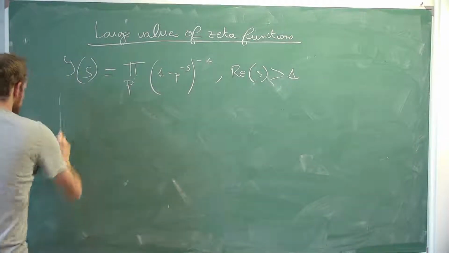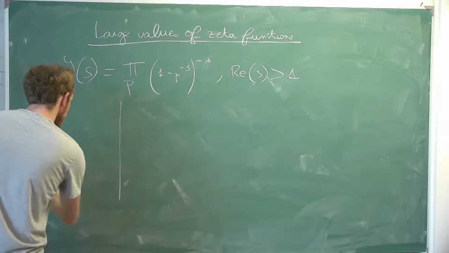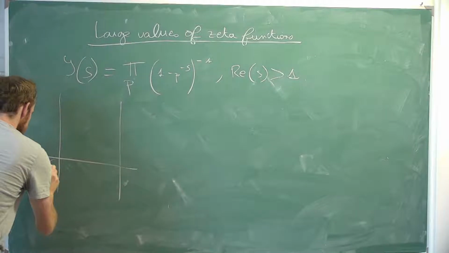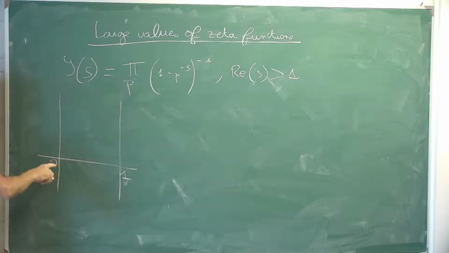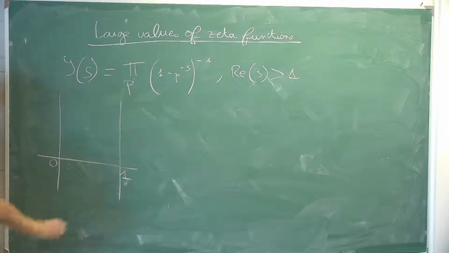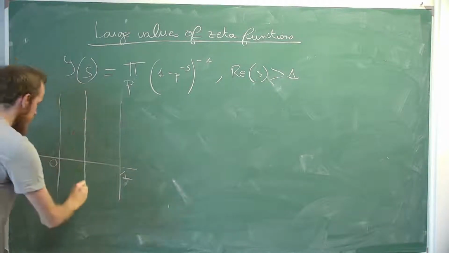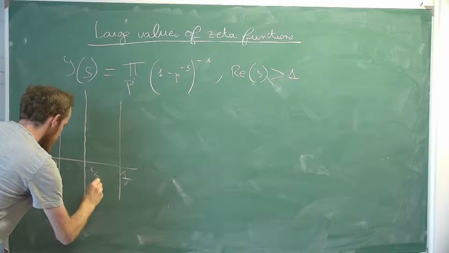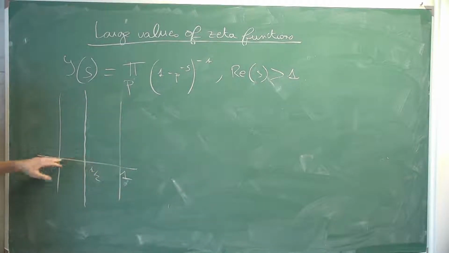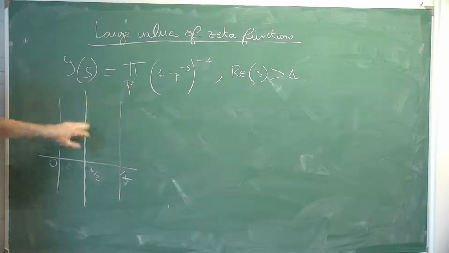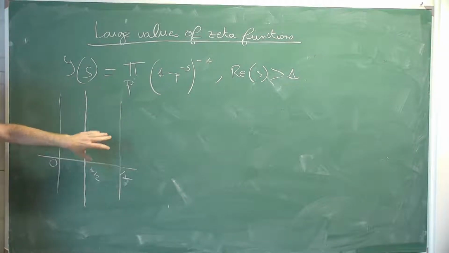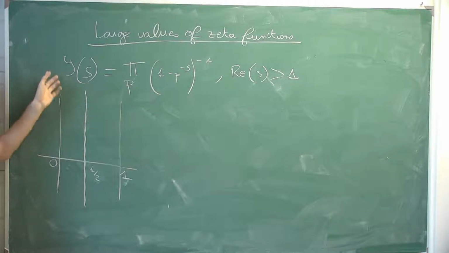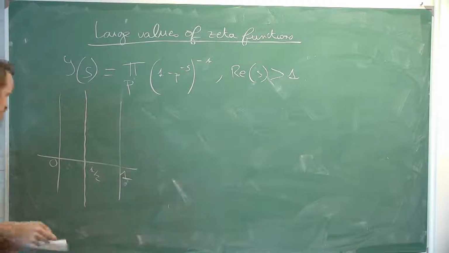First, the interesting region will be what we call the critical strip, which is the region between 0 and 1 for the real part. And we have a functional equation. So understanding just one part, real part greater than 1/2, is sufficient by the functional equation to get information on the whole strip.